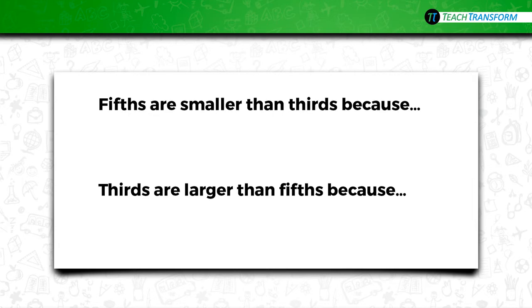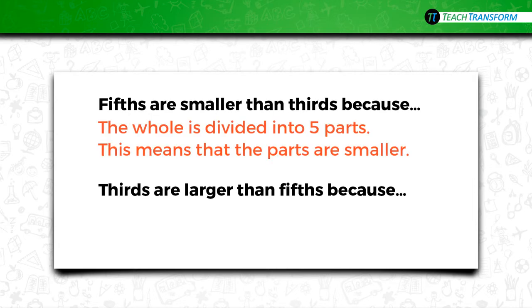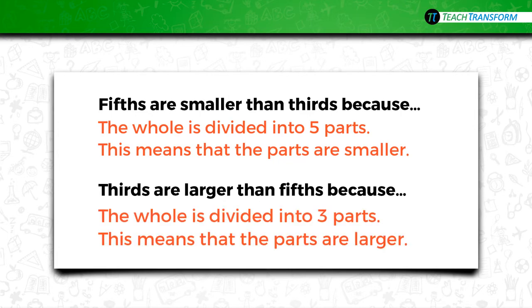Check your paper and see if you wrote something like this. Fifths are smaller than thirds because the whole is divided into 5 parts, and that means that the parts are smaller. Thirds are larger than fifths because the whole is divided into only 3 parts. That makes the parts larger.